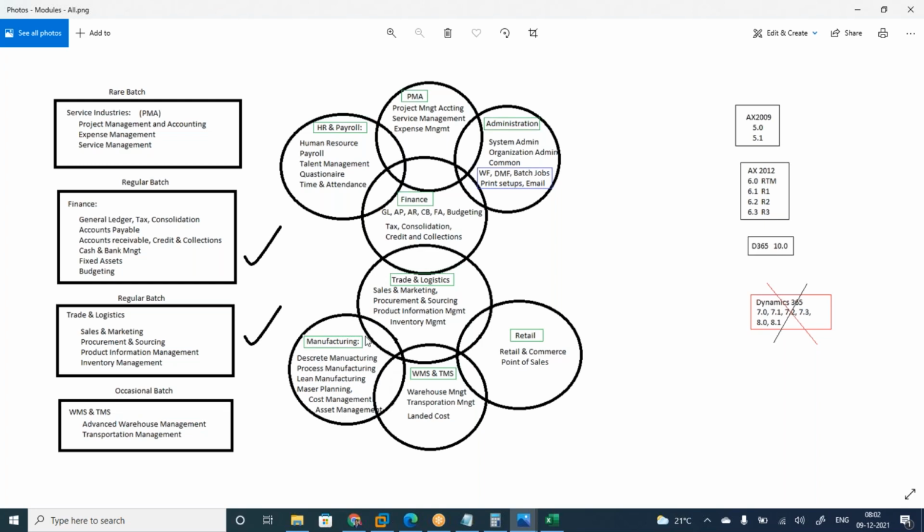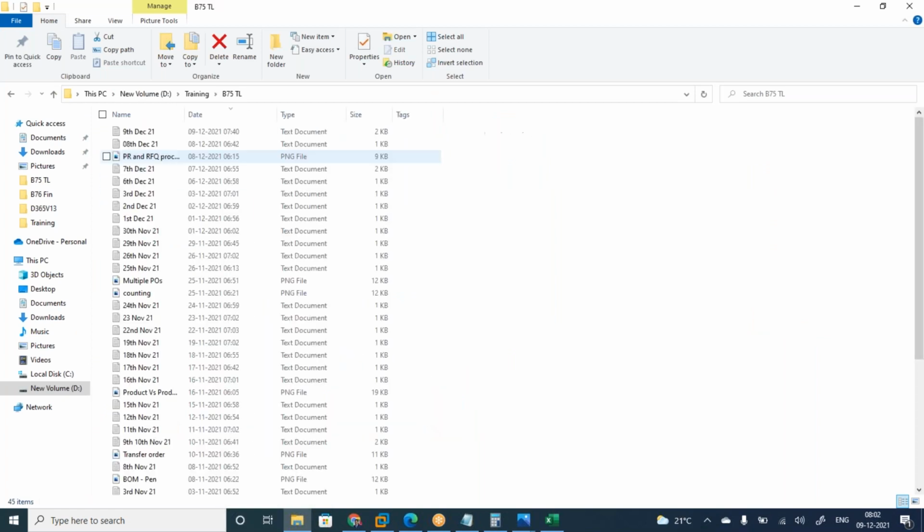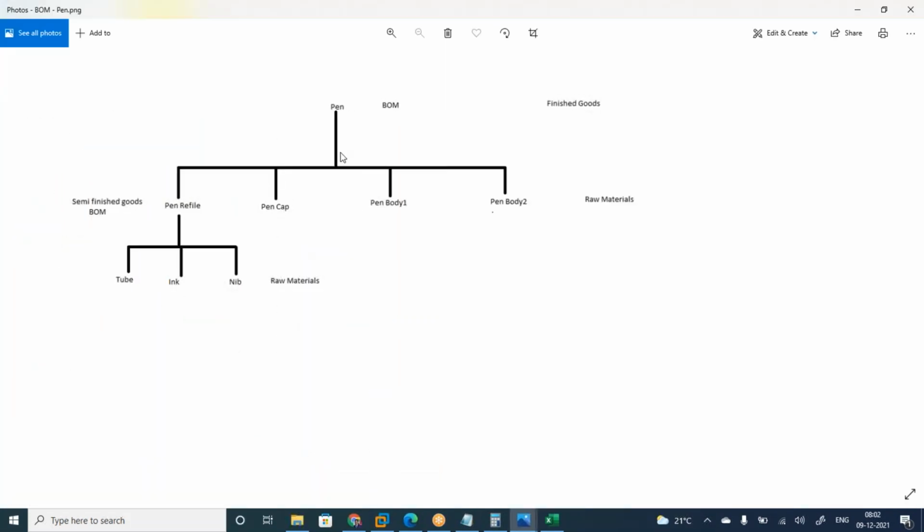Okay, Satya. As far as inventory valuation is concerned, it is done for the raw materials going into the production, am I right? That's what I explained in the P&L with the pen example. The valuation will be calculated, work in progress will be updated, and here it is material cost.